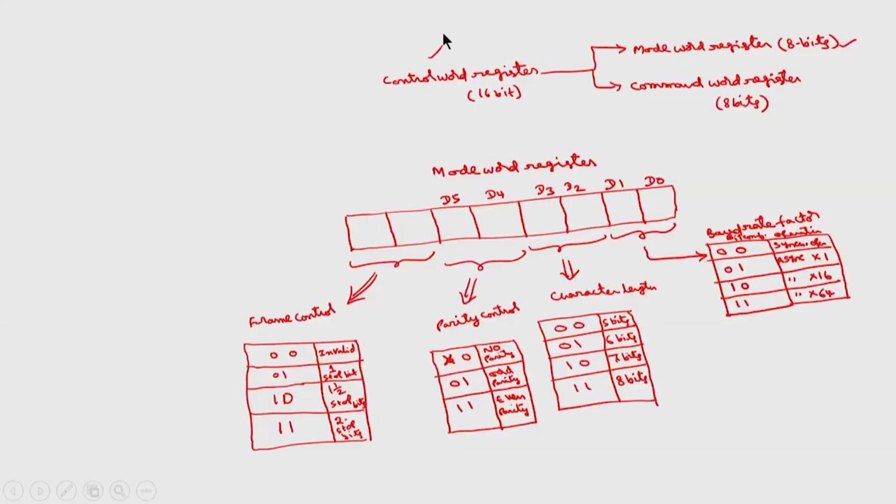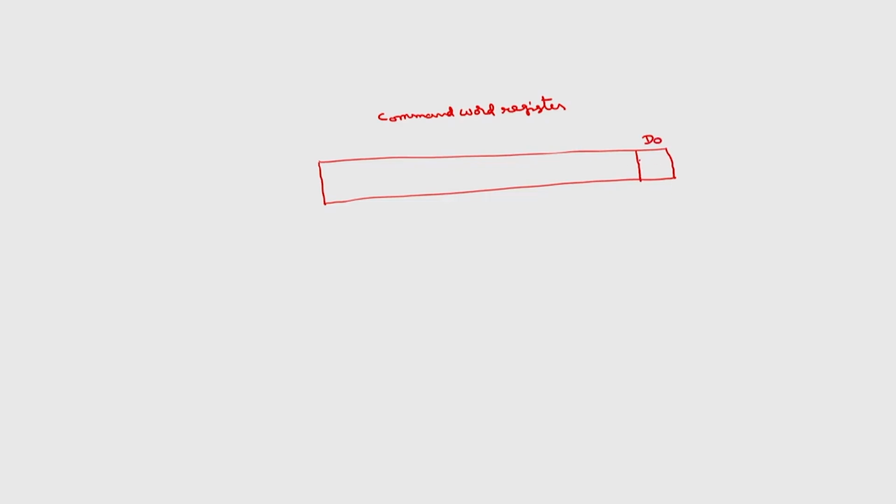This is the format of the mode word register, which is the first part of the control word register. And the second one is the command word register. The last bit of the command word register is transmitter ready. This is the D naught bit, transmitter ready, or the transmitter enable in fact.